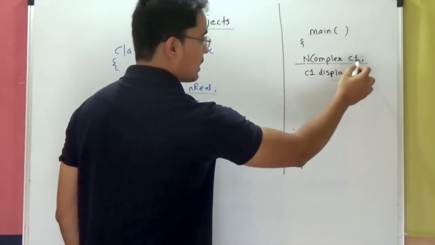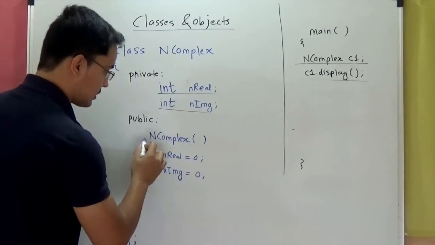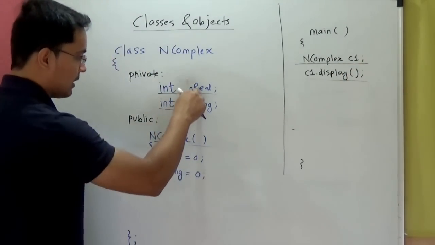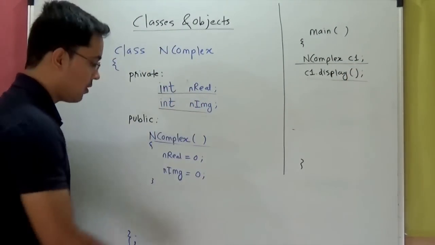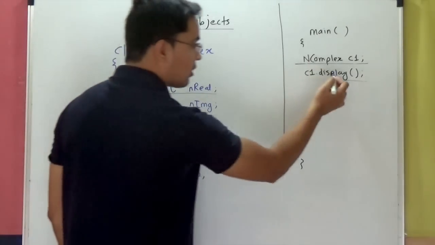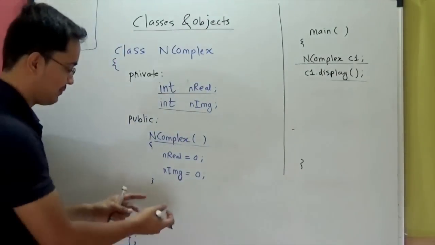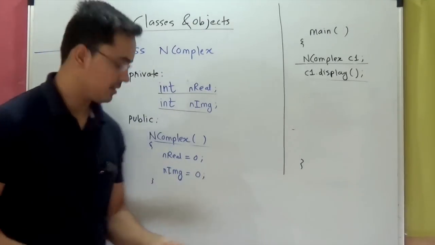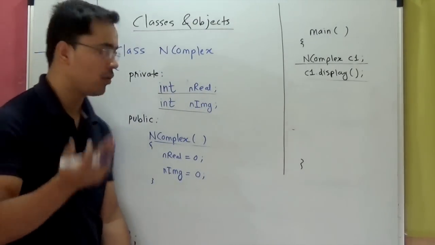So when we now say nComplex C1, this constructor will be invoked and the nReal and nImaginary data members will be initialized to 0. Hence, when we call display, I have removed the definition of the display member function because of lack of space, but you know what it is, right?